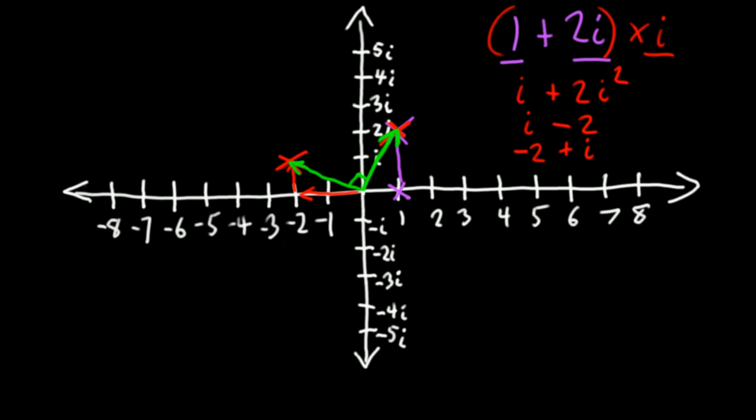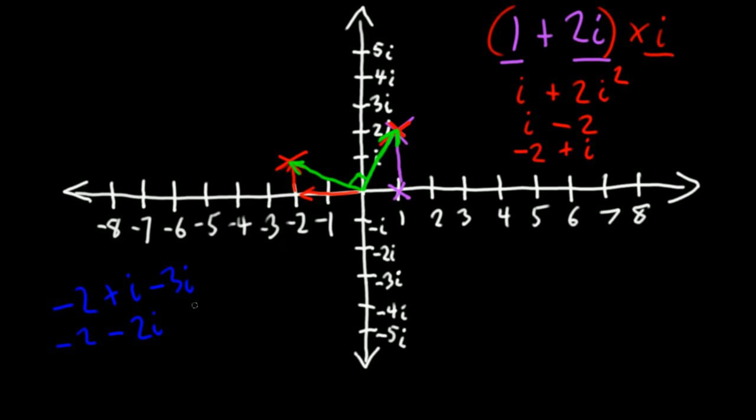Now let's try taking this point. We have this point -2 plus i. And if we were to take that and, let's say, subtract something. Let's subtract 3i. Well, -2 plus i minus 3i, that's minus 2i. So if we subtract 3i, we should end up at -2 minus 2i.